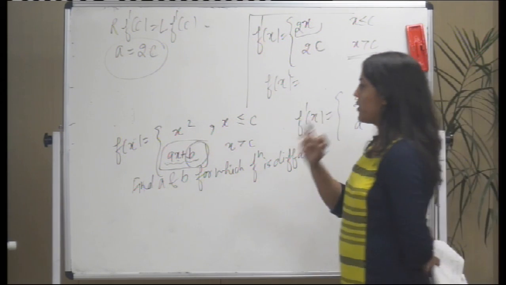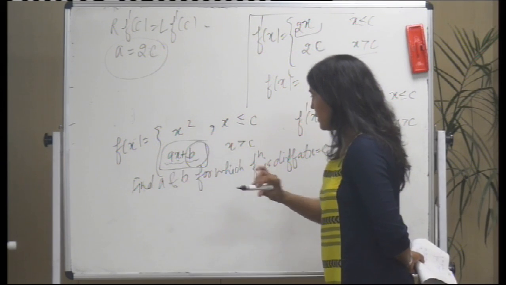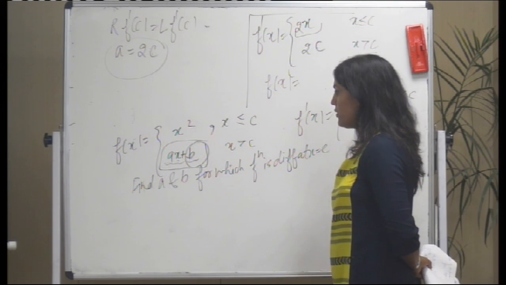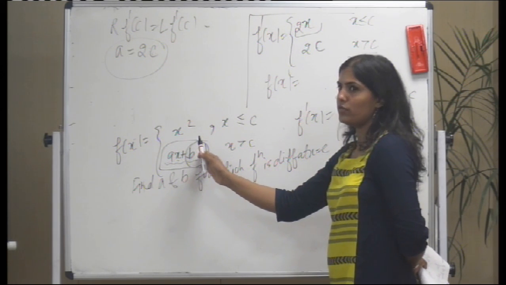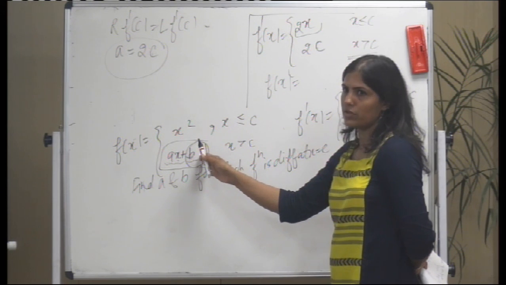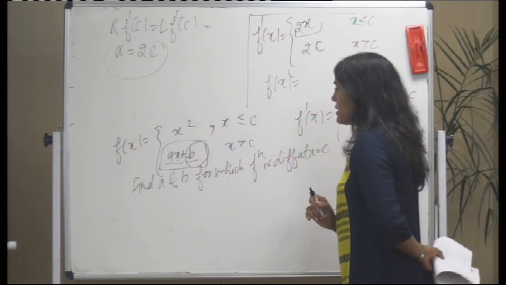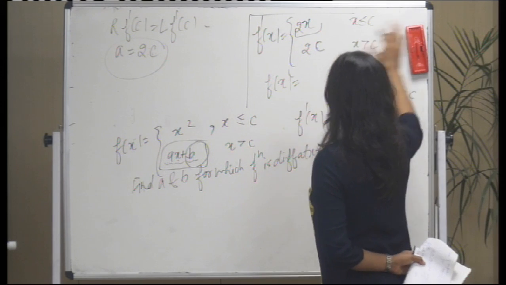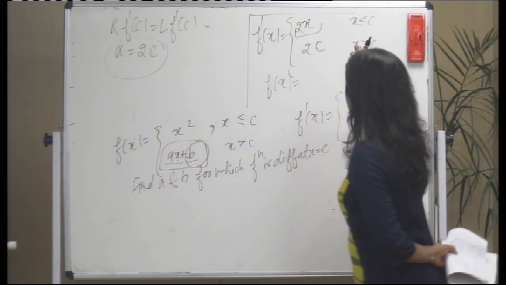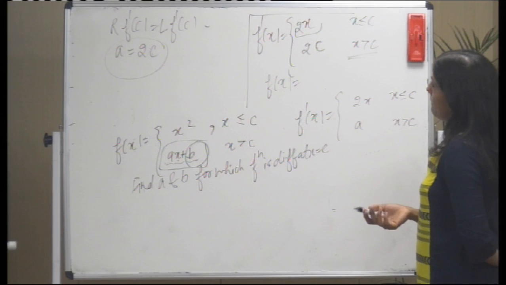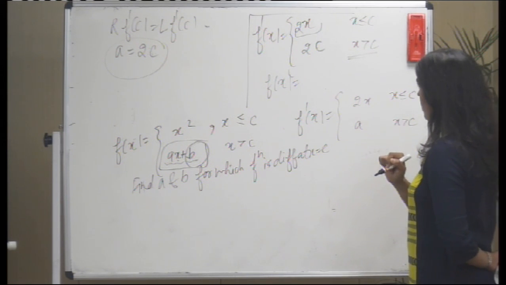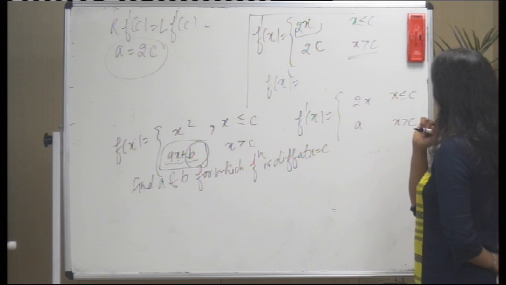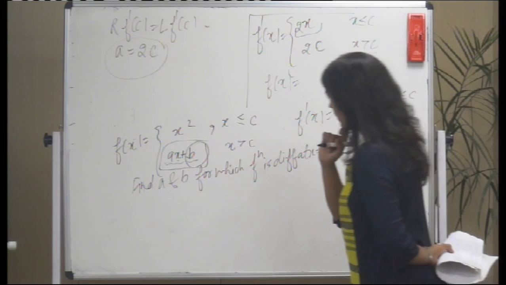Let me think. If you are taking b value 0, 1, 2, when you differentiate it, this value has no contribution actually. It will become 0. So at c it will be differentiable, 2c and then 2c. Here also I was getting value at c is 2c.